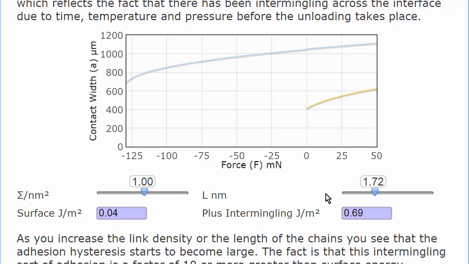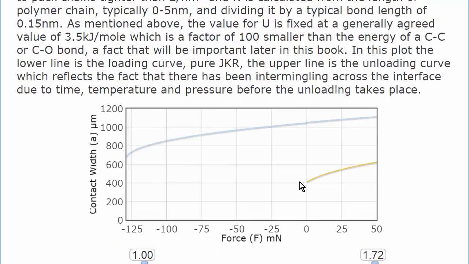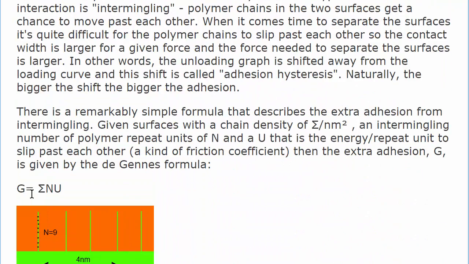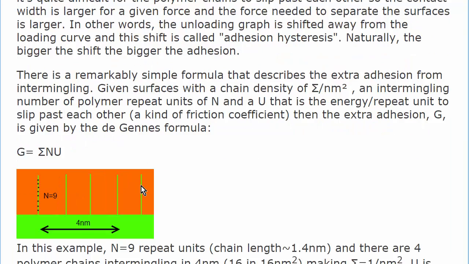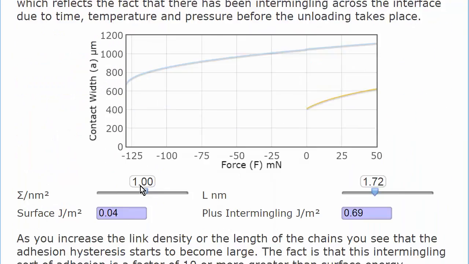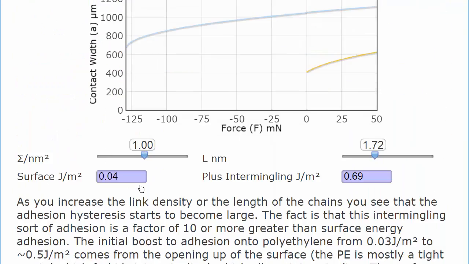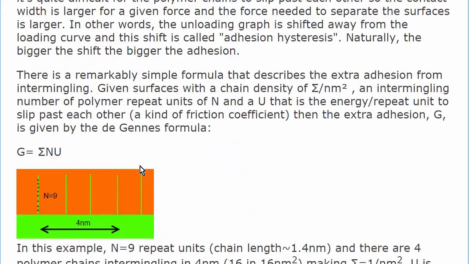And in the big overview, I say that you can get about 1 joule per meter squared from intermingling, and that's where this number comes from. For those who want the formula, it's the famous de Gennes formula, sigma nu, the density, the number of polymer units, and a friction coefficient, which is 3.5 kilojoules per mole.